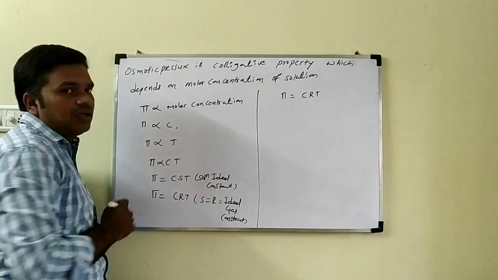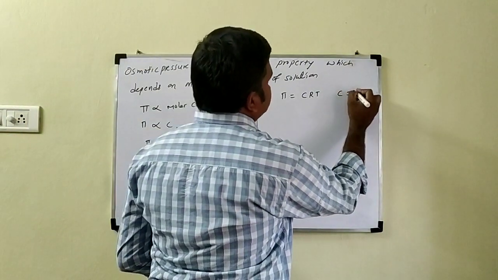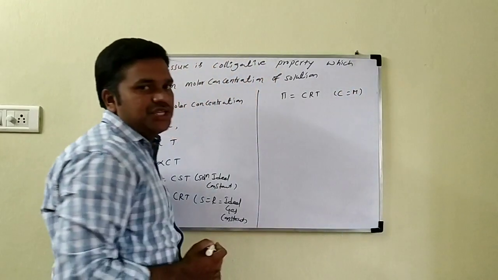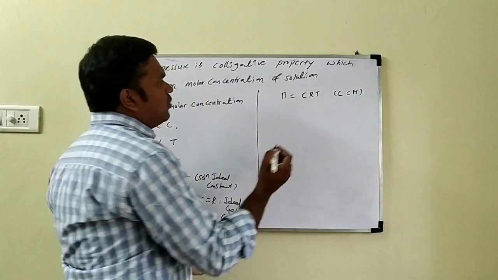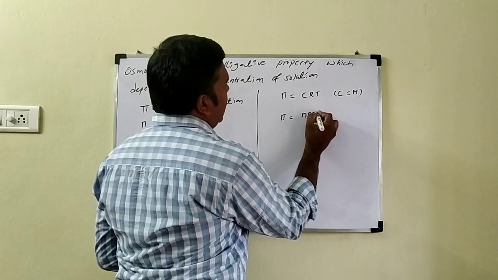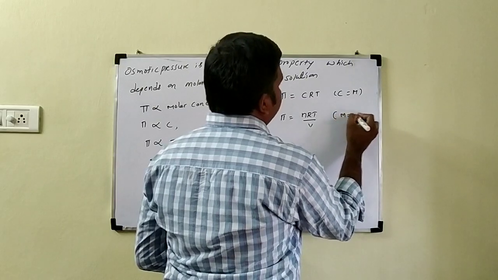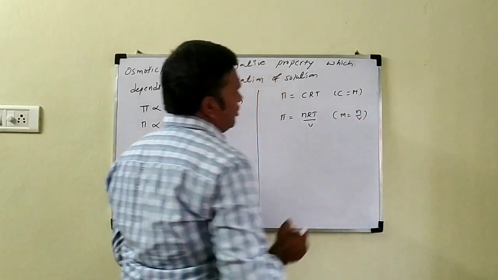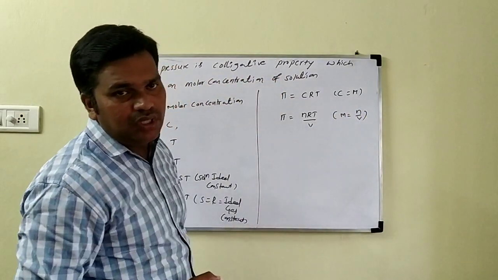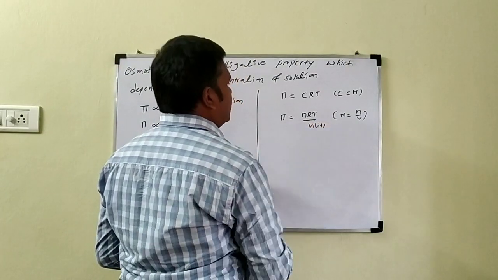C is the molar concentration, C is equal to molarity. From this we write pi is equal to N into R into T by V, because molarity M is equal to N by V. Here V is in liters.